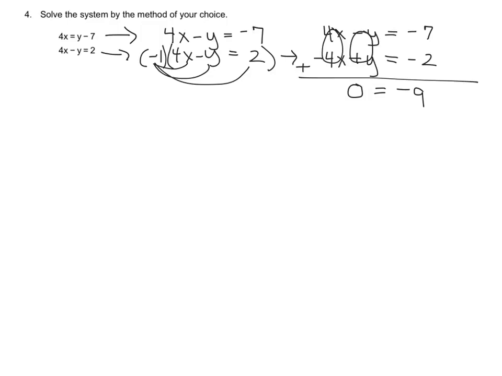Now 0 equals negative 9 is not a true statement. So since 0 equals negative 9 is not true, the solution is no solution. And we can say that the solution set is the empty set.